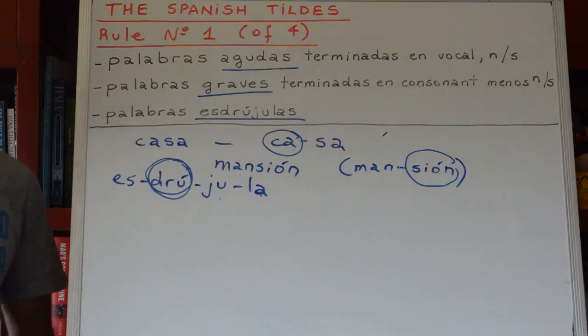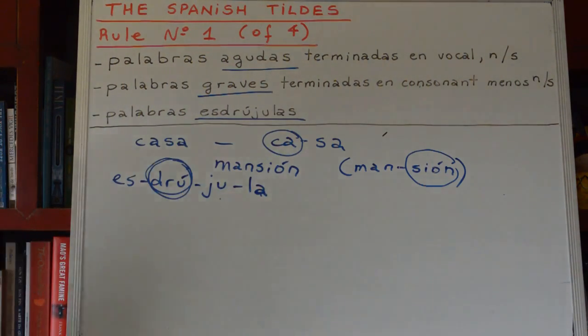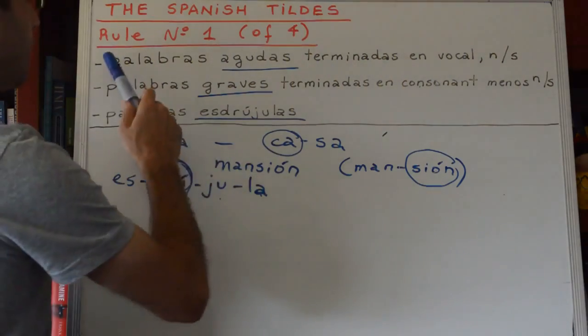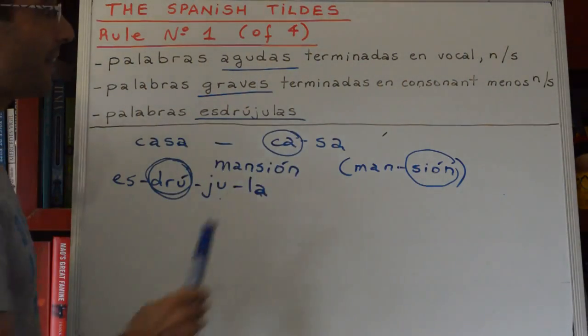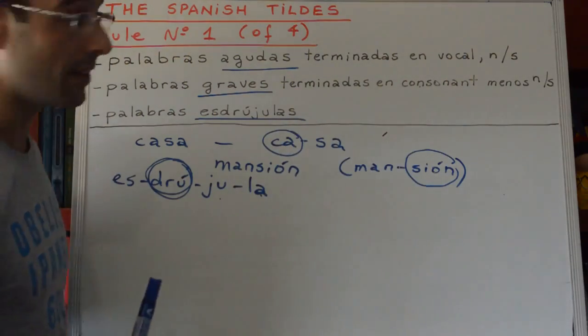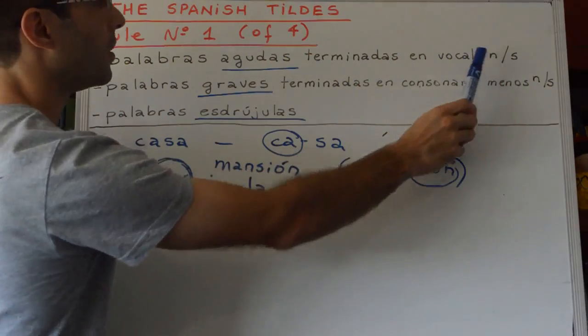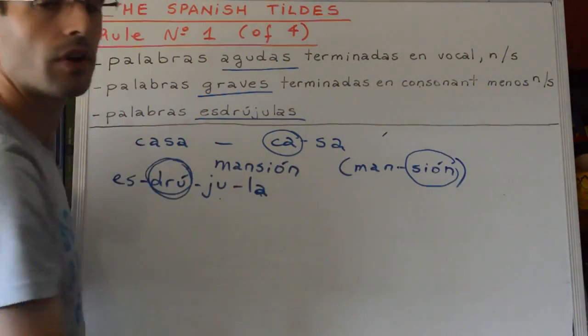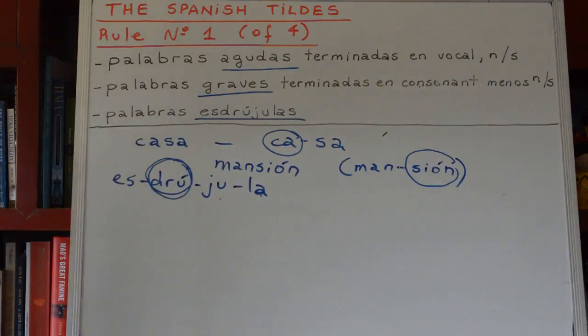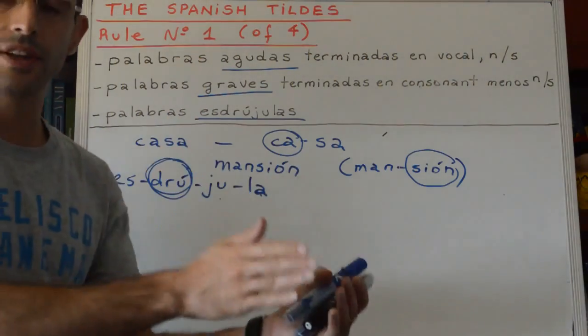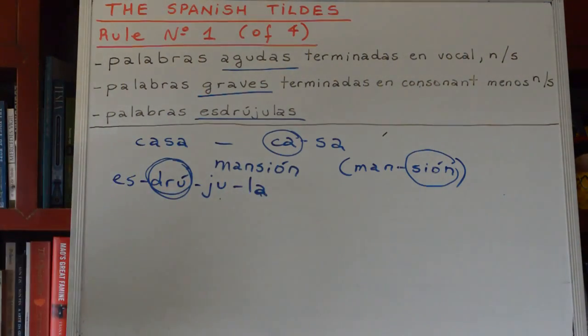So what does this first rule tell us? All the palabras agudas terminadas, that end in either a vowel or an N or an S carry a tilde in the accentuated syllable. Okay?